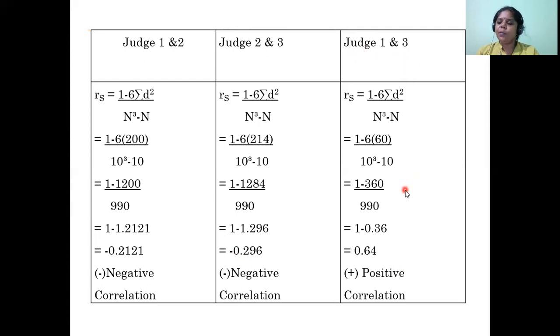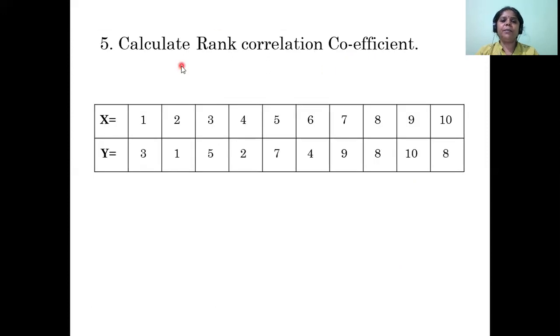Now, let us move on to the next problem, that is calculate rank correlation coefficient. This is x variable and this is y variable. The previous problem had 3 judges. That type of problems they may ask for section C. If 2 variables and the ranks are given in the problem itself, it is very simple to calculate, so it may be asked for section B. Students, listen.